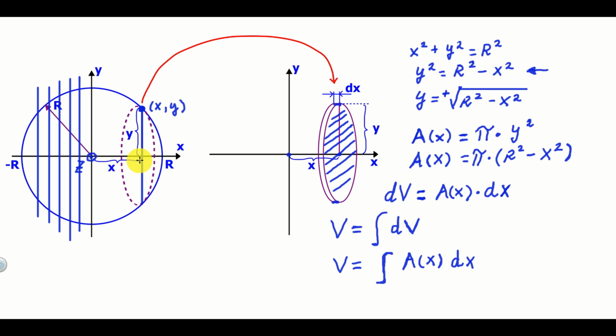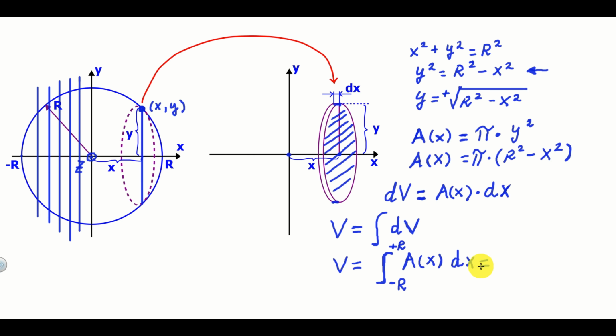For every fixed value of x, we have a slice, and we will have slices starting from minus r to plus r. Consequently, over here the bounds are from minus r to plus r, and this is very important.